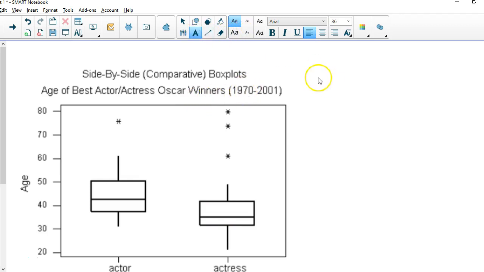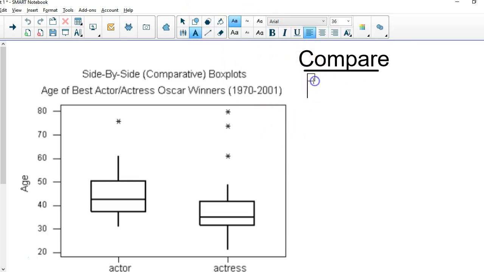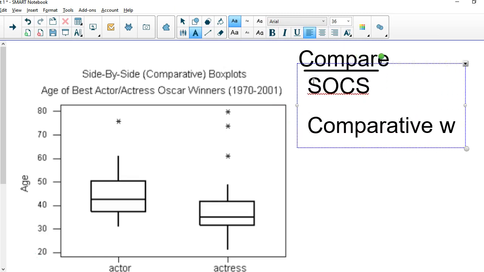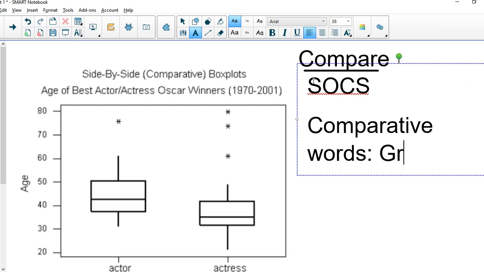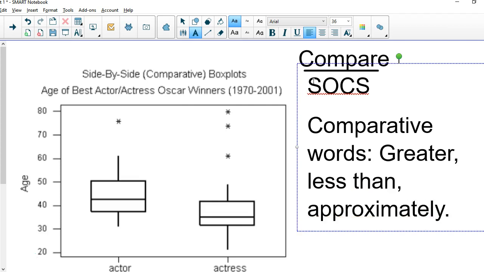It is more than likely that you will be asked to compare on the AP exam. A big thing when you are comparing quantitative data is that you need complete sentences, you need to talk about SOCS, and you need comparative words. What does that mean? Greater than, less than, approximately. It needs to be in full sentences.